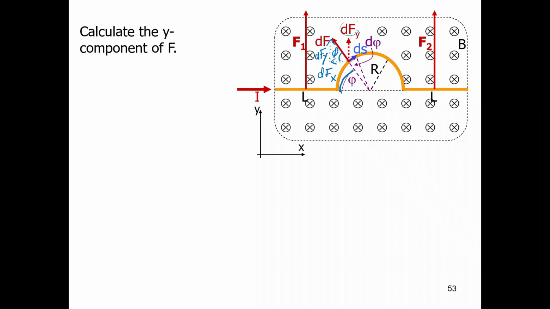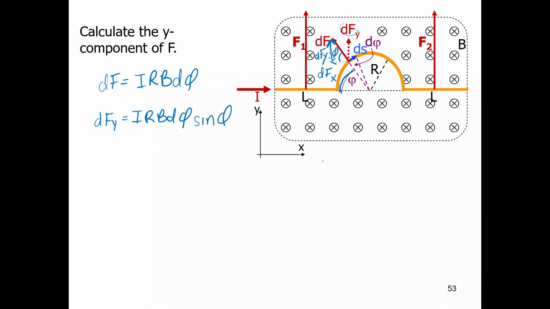So dF is equal to IRB dphi, and then I can define the X and Y components. dFy equals IRB dphi, and my y component is the opposite side of that triangle, so it's going to be sine of phi. I can also define my dFx to be IRB dphi cosine of my angle phi.